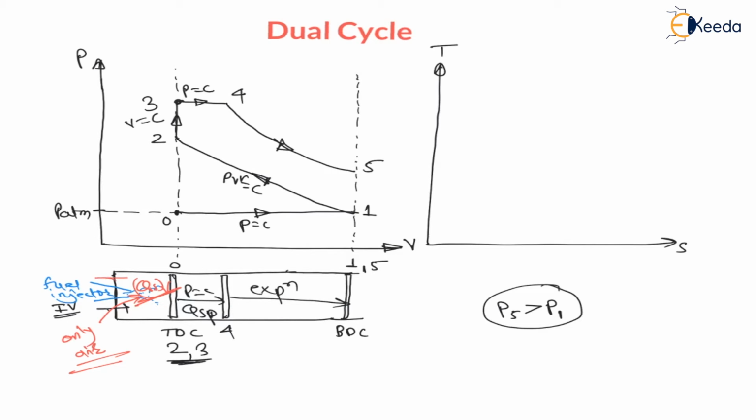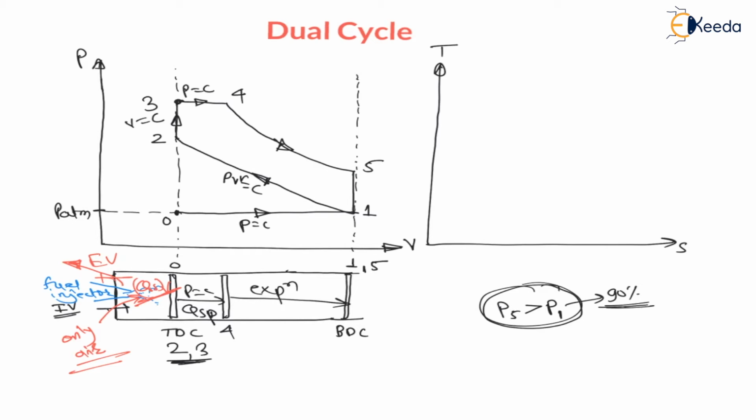So here I will open the exhaust valve so that 90% of the exhaust gases will move out whenever the piston is at BDC only. Because of this pressure difference, 90% of exhaust gases will move out of this piston cylinder whenever the piston is at BDC only, and the inside pressure becomes equal to P1, right?